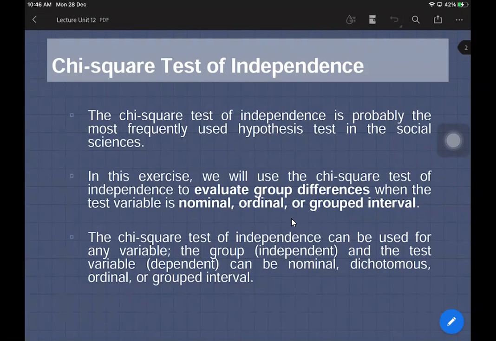Just to recap, what is group interval? Group interval means group data. For example, when you have a variable on age, a respondent will put a figure, for example 20, 23, 40, 41, 35, and so on.